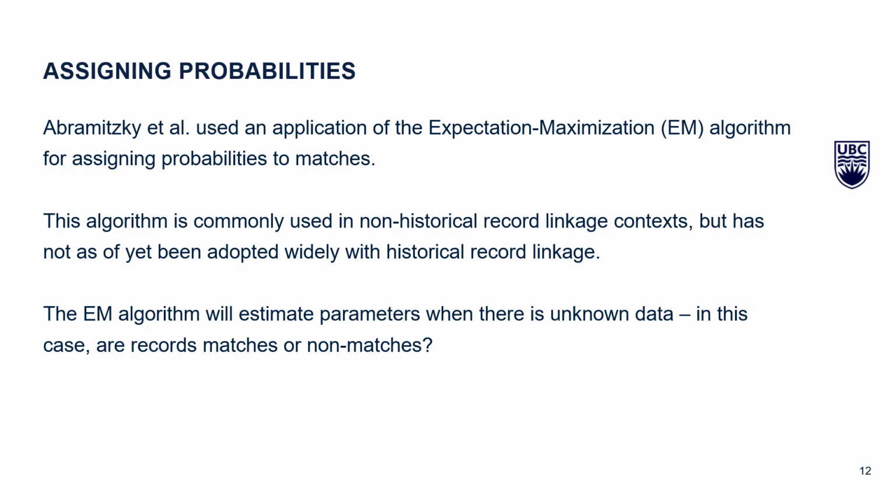This algorithm is commonly used in non-historical record linkage contexts, but has not been widely adopted with historical record linkage. What the EM algorithm actually does is it will estimate parameters where there is some unknown data. In this case, the unknown data is whether the records are matches or they are non-matches.